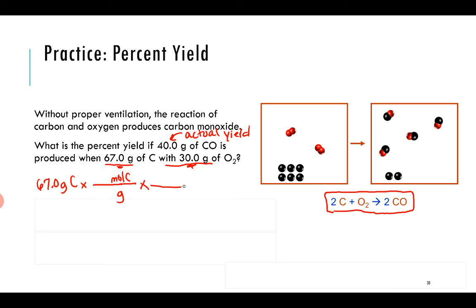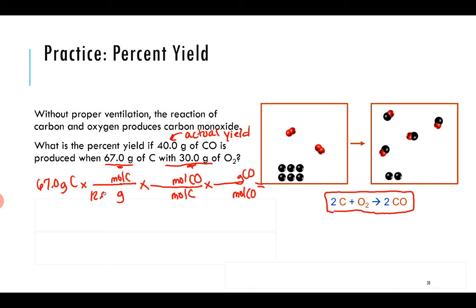And then I will need to cancel out my moles and get into moles of the other substance, which in this case is carbon monoxide. And then I will use the molar mass of carbon monoxide to find my grams of carbon monoxide. Go ahead and plug in values.